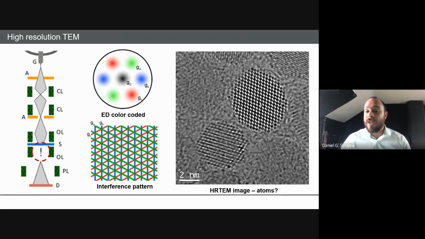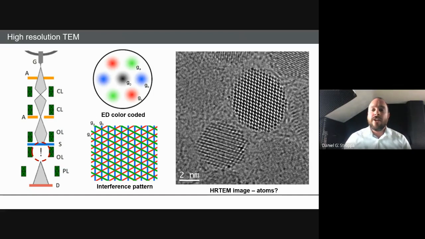But the idea behind high-resolution TEM is that you're taking the diffracted components that come out of your sample after you pass with the high-energy electron beam, and the objective lens is going to bring all these components together, and they're going to make them interfere. So in this aspect, high-resolution TEM is an interference imaging technique.